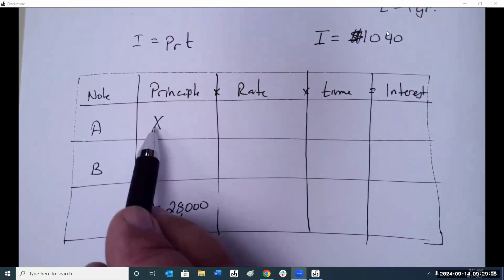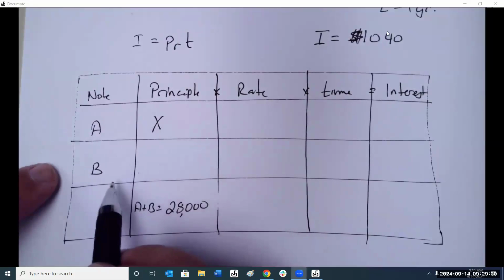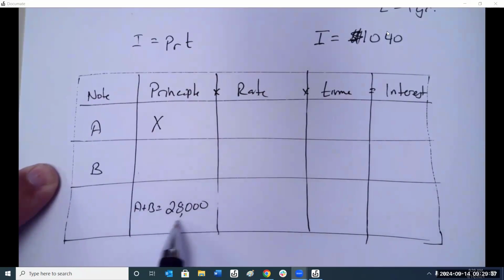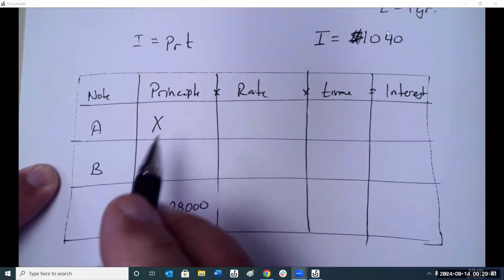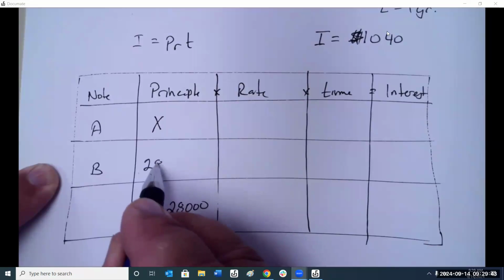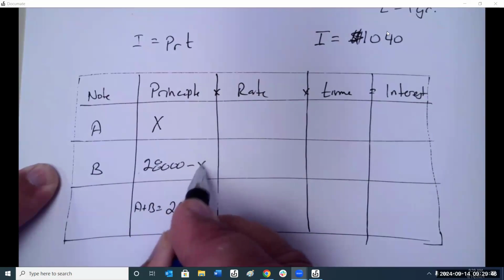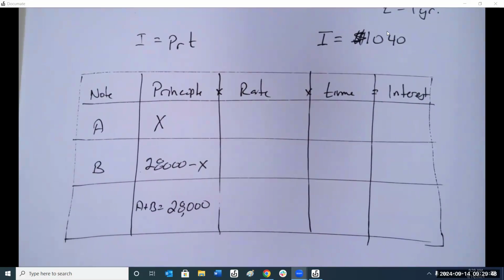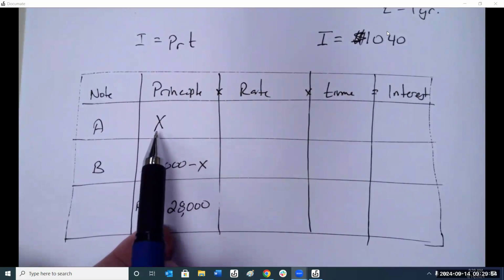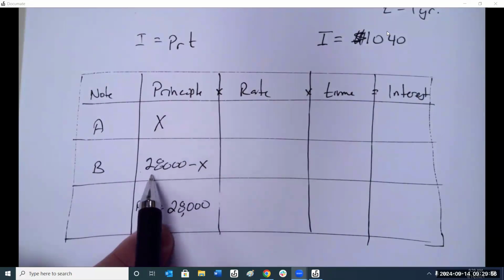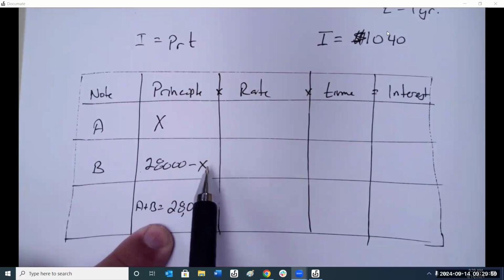So if A was X, then how much is B? We know together they equal 28,000. So if this one took X dollars of it, this one is 28,000 minus that X. So think about it. If there was $100 and A took 10, that means B would be $100 minus 10.